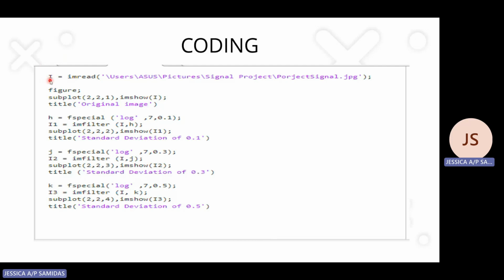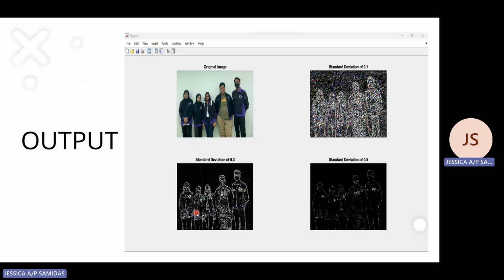In this coding, we can see there are 4 characters: I, H, J, and K. I refers to the original image, and H is from the original image. We set the standard deviation to 0.1 for H, 0.3 for J, and 0.5 for K. So let's see the output changes here.